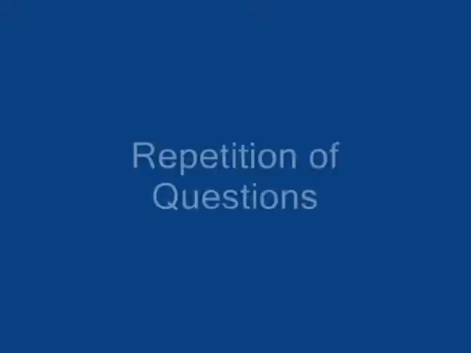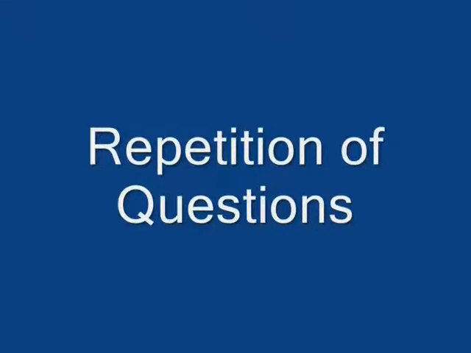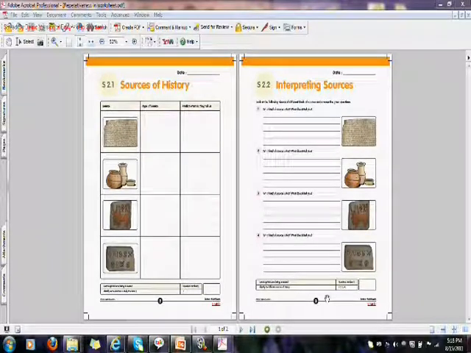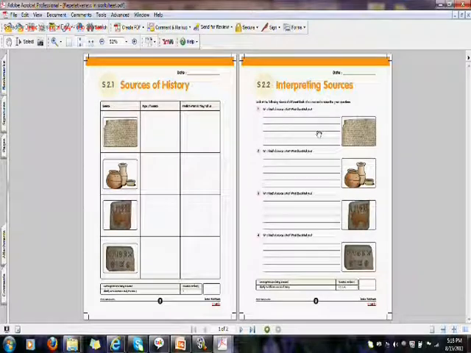So now let's look at our last parameter, last but definitely not the least, which is repetition of questions. Here you can see we have two worksheets that are successive in history. The first worksheet, S2.1, has images of historical sources, 4 of them, and then it asks students to write the type of source that it is, followed by the prediction of what this source tells us about the history of that time, right?